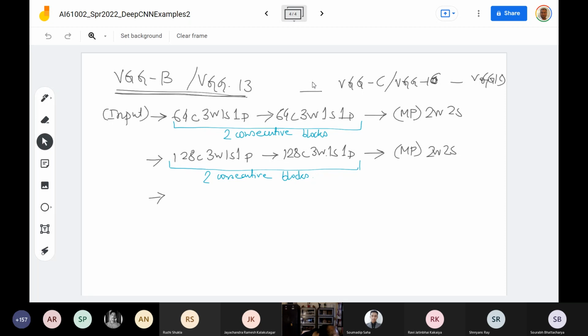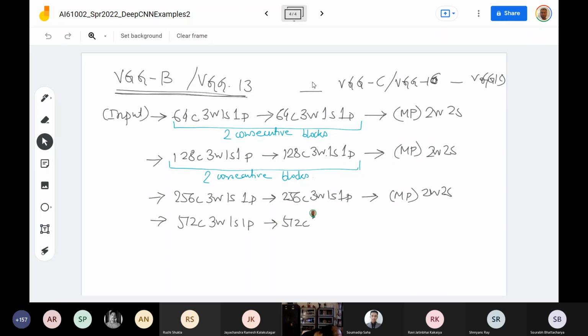So there was 256C3W1S1P followed by 256C3W1S1P, followed by max pooling with 2W2S. And then again there was a 512C3W1S1P, followed by 512C3W1S1P, followed by max pooling with 2W2S.